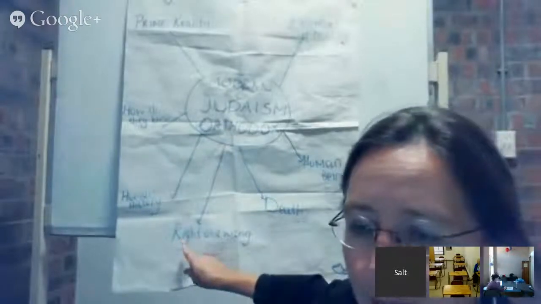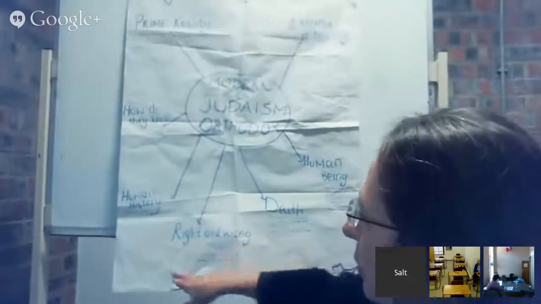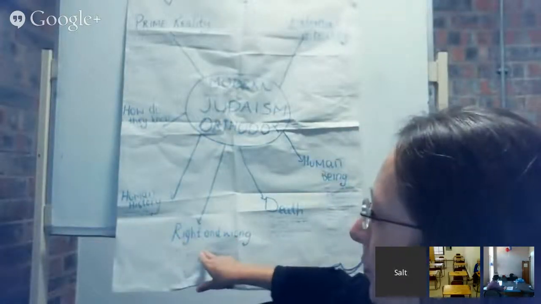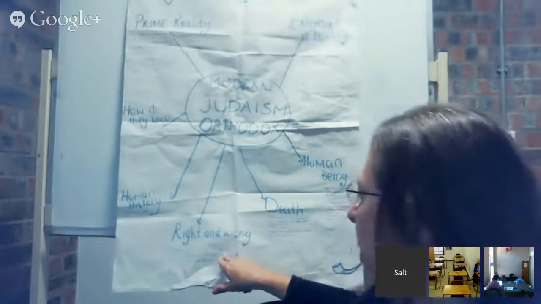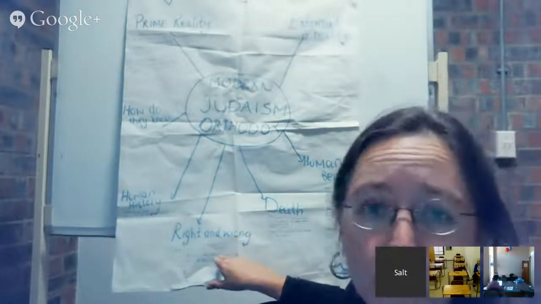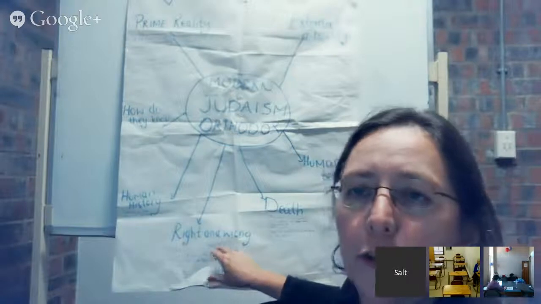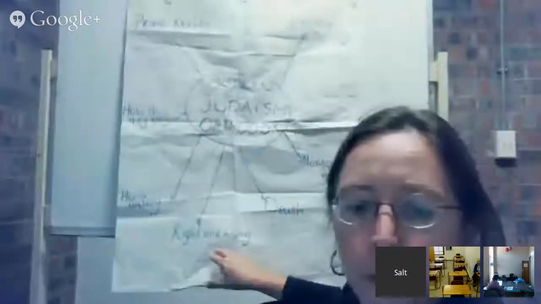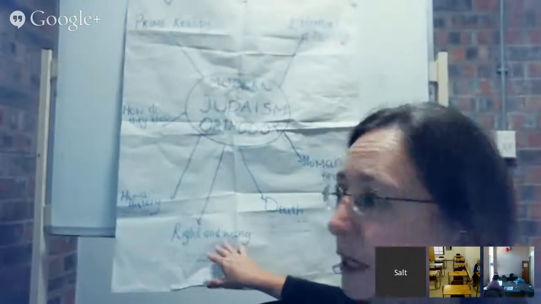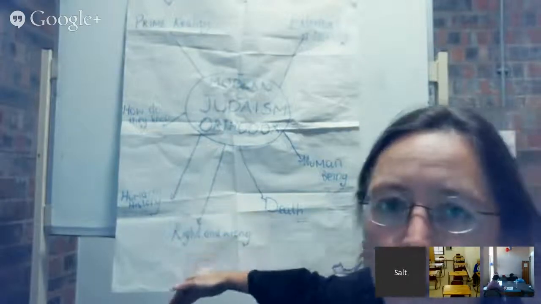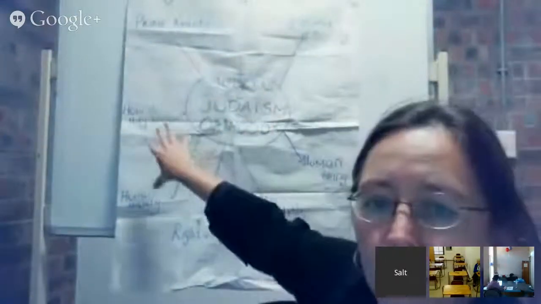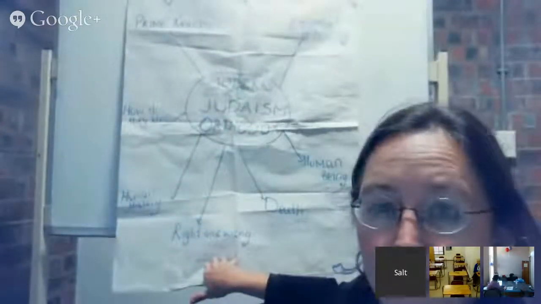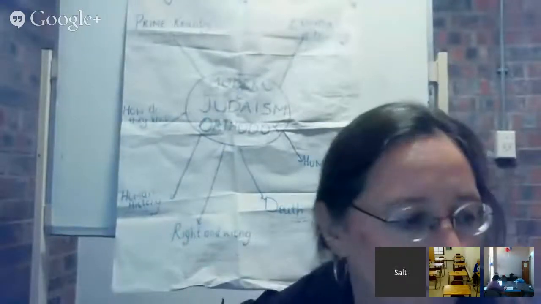They have written in underneath right and wrong, for example, the laws within the Torah which are used to guide Jewish people. So the Torah is a book of law, and that is used to guide people. So they fill in, according to this structure, what they have found in various articles about the worldview.